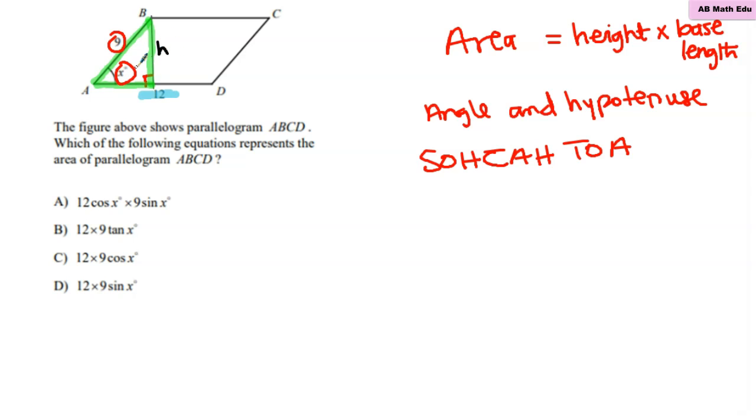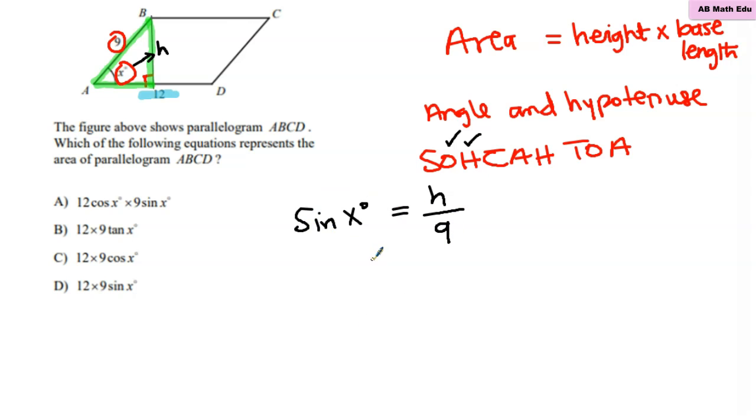So we have the angle, we are looking for the height, so here is the opposite, it's looking upon here, and we have the hypotenuse. So we have the opposite and we have the hypotenuse. What can help us is sine: sine of the angle must equal the opposite, which here is the height, over the hypotenuse.